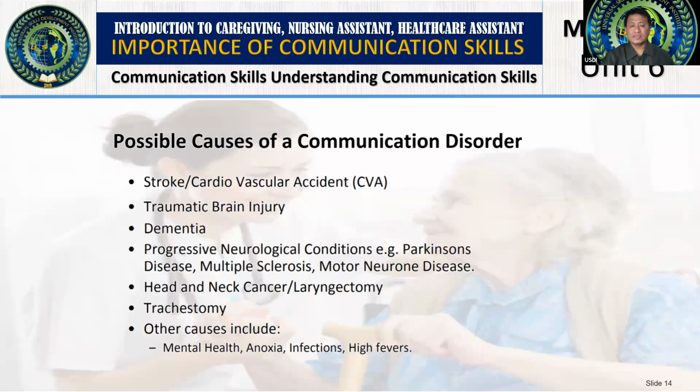Nag-iiba ang boses niyan. Tracheostomy, hindi ka talaga basta-basta makapagsalita kapag ka meron kang tracheostomy. Other causes like mental health, anoxia, infections, and high fevers. Ito yung mga dapat tandaan natin kapag ka may mga problema ang iyong kapatid ba or kahit na sino man, sa kanyang pagsasalita, dapat i-report ka agad sa doktor.